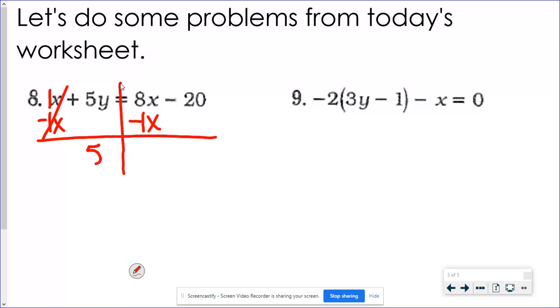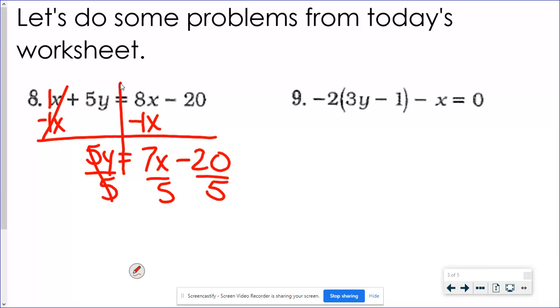So I've got 5y equals 8x minus 1x is going to be 7x minus 20. And then I'm going to divide. So y equals 7 over 5x, and then that'll be just minus 4.